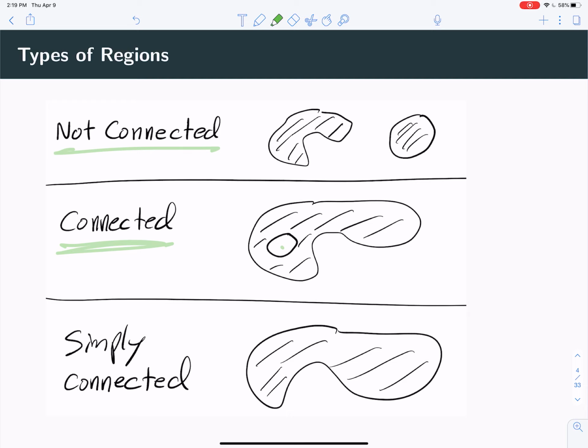If the region doesn't have any holes and it's all in one piece, we say that's simply connected. And this is usually what we want. In the next theorem, a few things require the region to be connected or simply connected. You can have weird things happen if the region is not connected, so that's a technical condition we need for the next theorem.